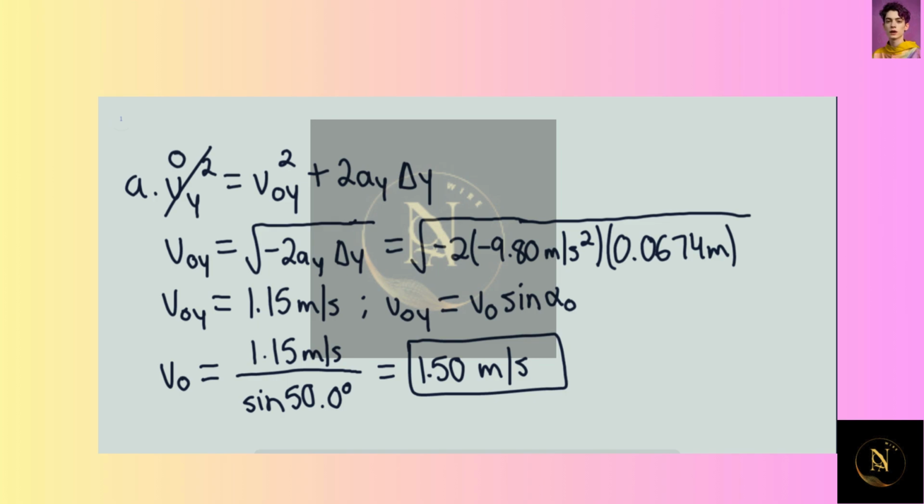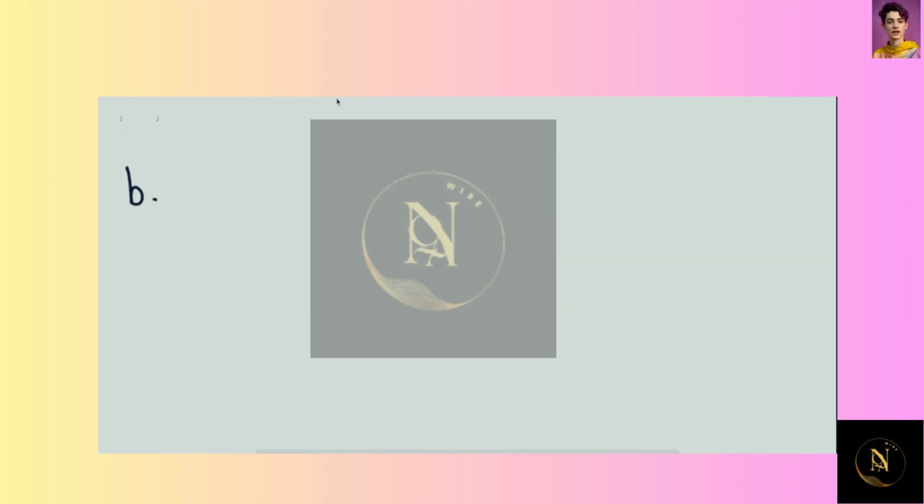For part B, we find the height of the cliff, and so we can say that we're going to use the horizontal motion to find the time in the air. There isn't any acceleration in the x direction, so we don't have to account for that term.